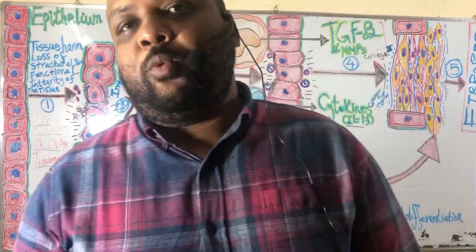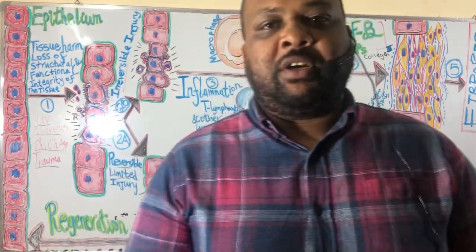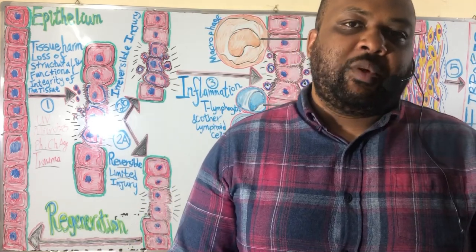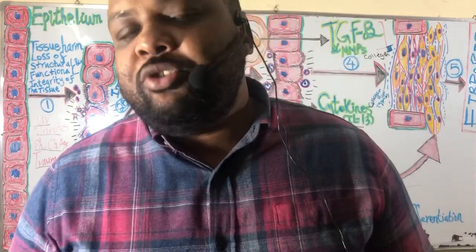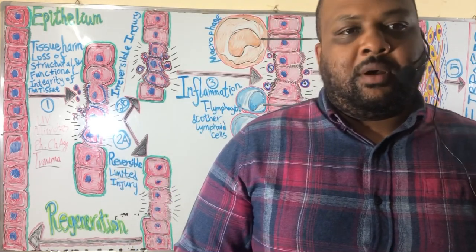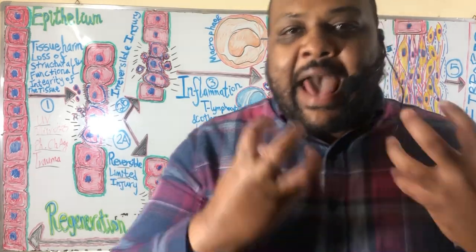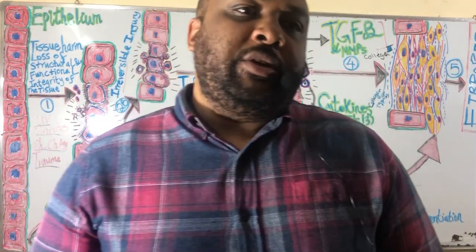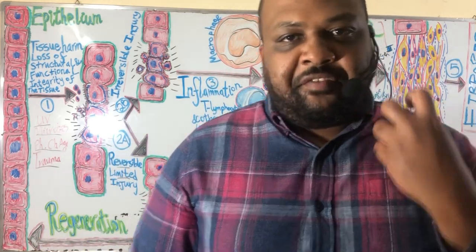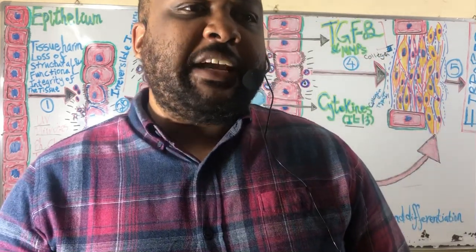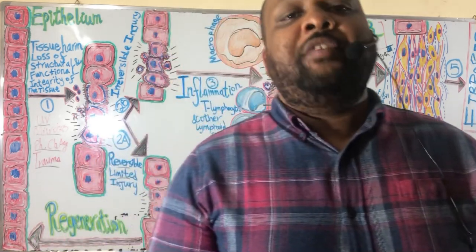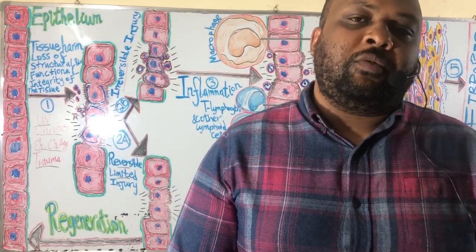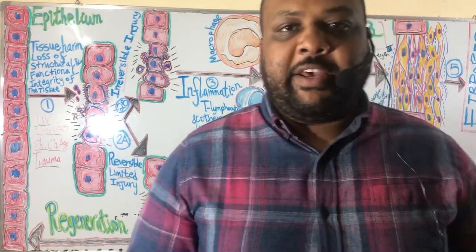Which one of them do you think will heal, or maybe heal faster? The healthy individual, obviously. But the malnutrition patient is lacking very important nutritional substances and vitamins like vitamin C. These vitamins are very important for the process of healing.